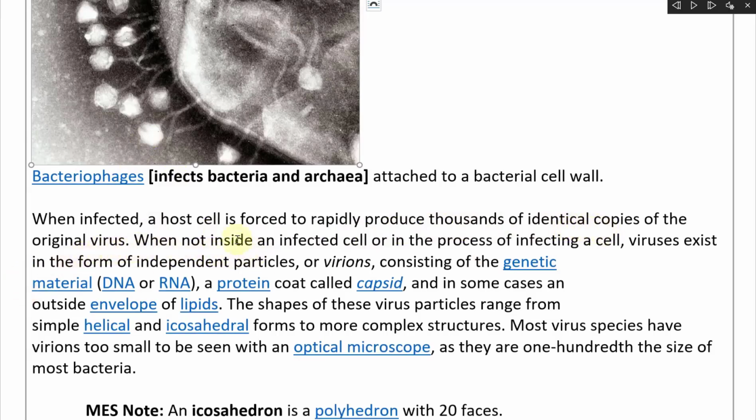So when infected, a host cell is forced to rapidly produce thousands of identical copies of the original virus. When not inside an infected cell or in the process of infecting a cell, viruses exist in the form of independent particles, or virions. See the pronunciation here? Virions.